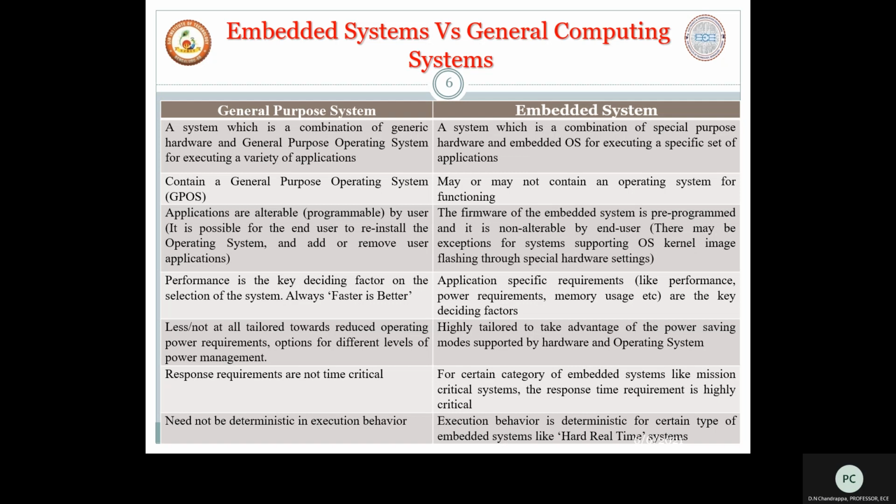But in an embedded system, the application specific requirements are the key deciding factors, like performance, power requirement, memory usage, etc. The next comparison is the power requirement and options for different levels of power management.